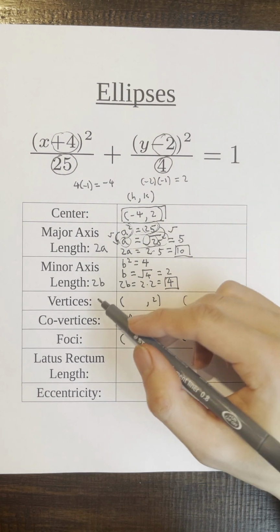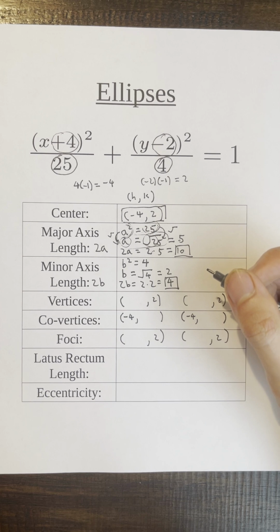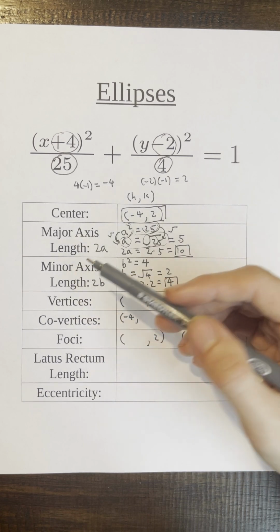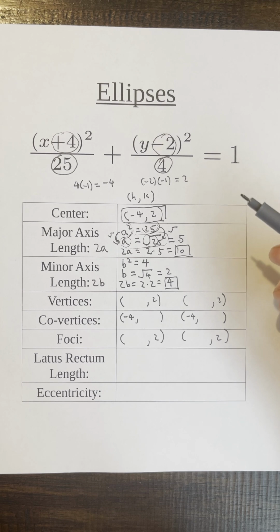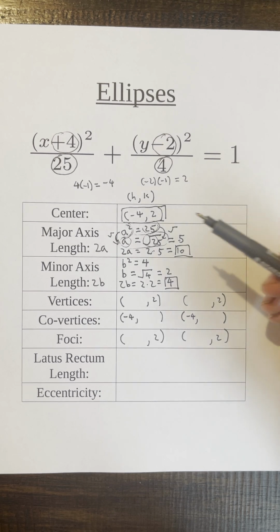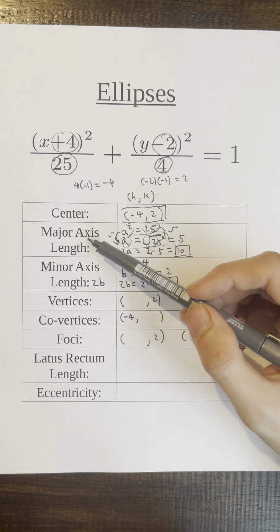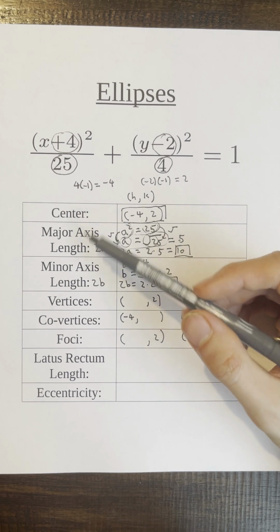And I'll include another example where this number is actually larger than this one. But to find the vertices, are the vertices on the major or minor axis? They're on the major axis. How far away from the center do we need to move to get to the vertices?